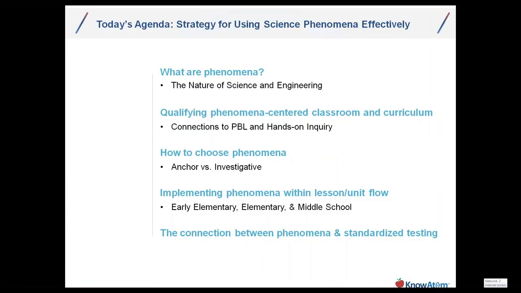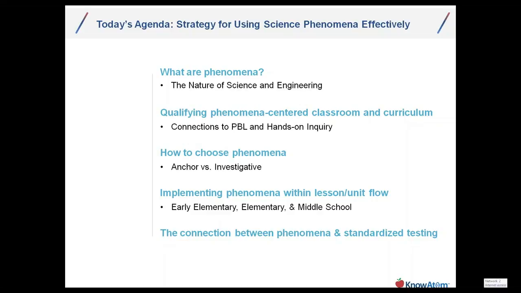The agenda for today is taking a look at basically these 5 core areas that relate to both strategy and effectiveness of using science phenomena. First and foremost, what are phenomena? How do we qualify a phenomena-centered classroom and curriculum? How to choose phenomena appropriately? Implementing that phenomena within actual lesson and unit flow.